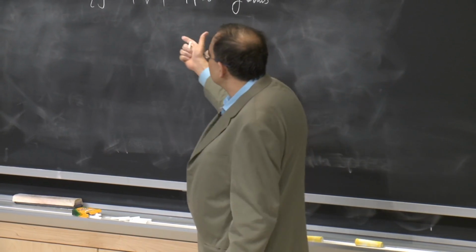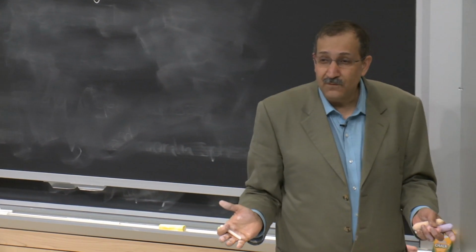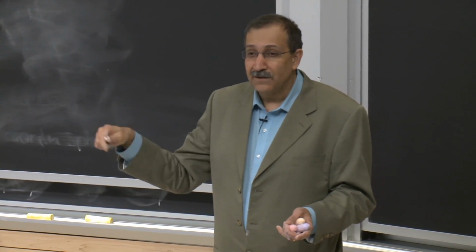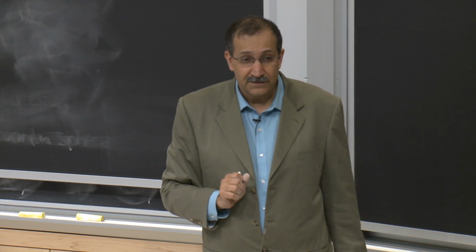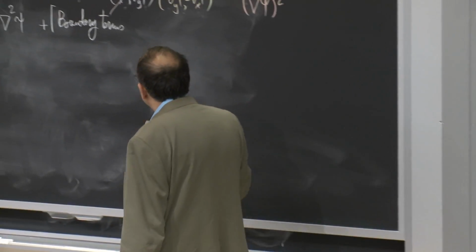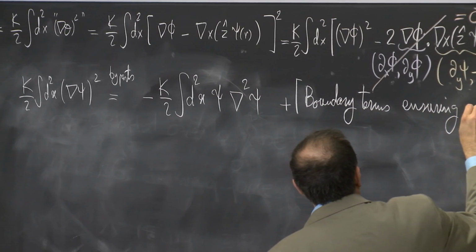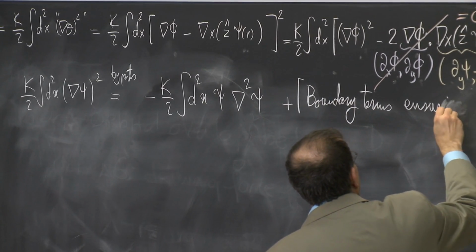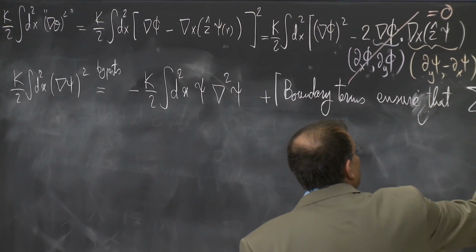Similarly, what these boundary terms would amount to would give you some kind of a logarithmic energy that depends on the net charge that you have enclosed. And we can get rid of it by setting the net charge to be 0.